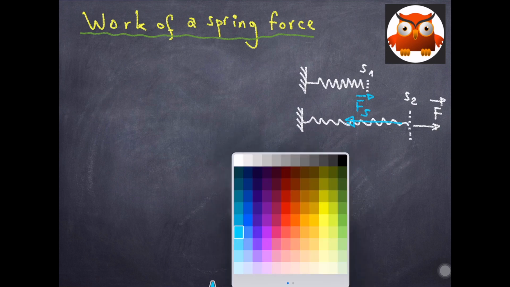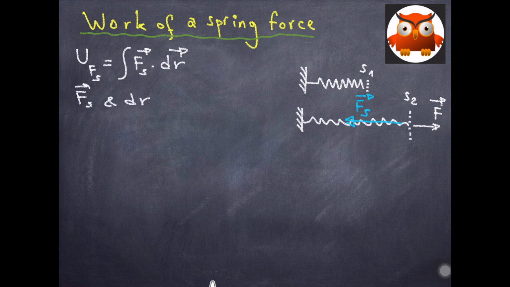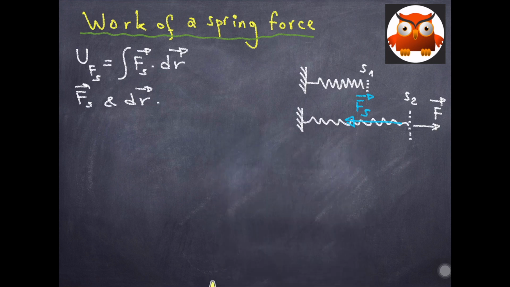Now if we try to calculate the work done by the spring force, let's call it UFS, it will be equal to the integral of Fs times dr. Now Fs and dr can be evaluated based on the positive axis we are going to choose.